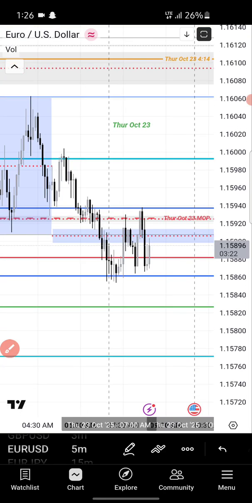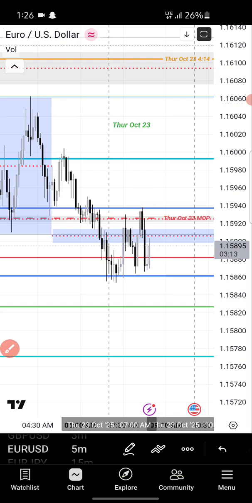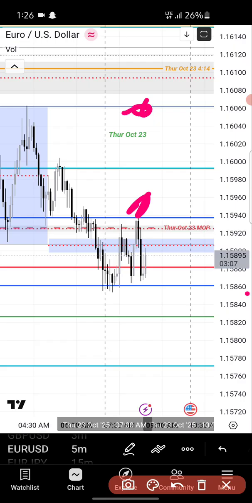Once it trades above this high here, then I'm going to add more and anticipate that it's going to come to our London high there. So let's anticipate if it's going to come to this high, but after it has broken this one. So let's see.